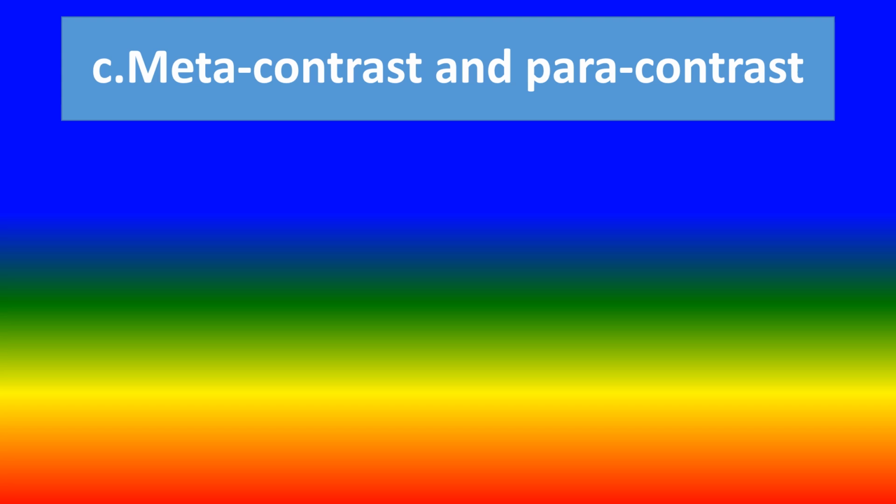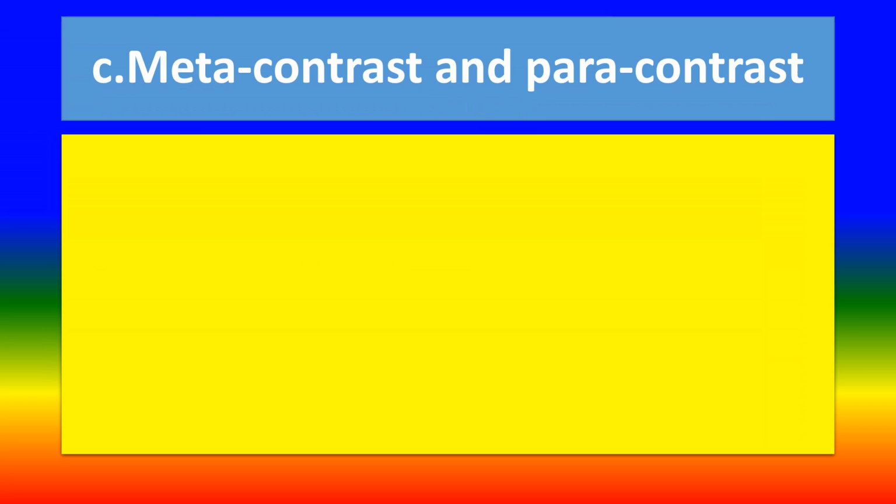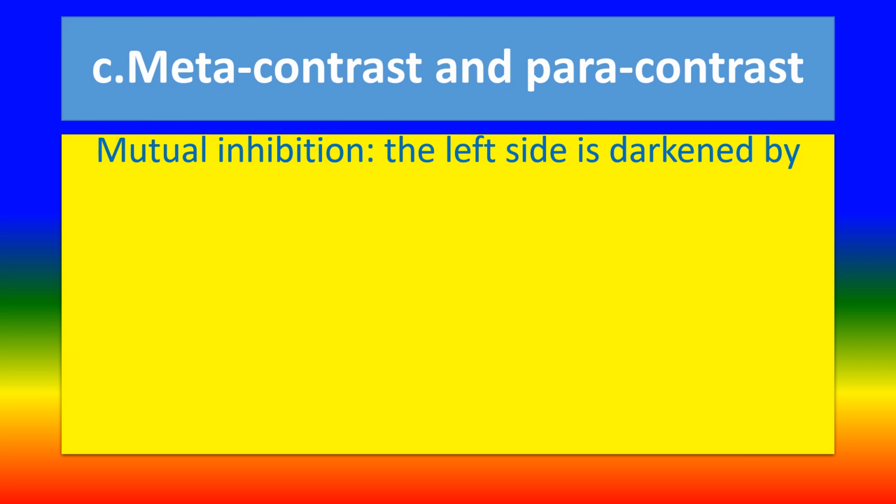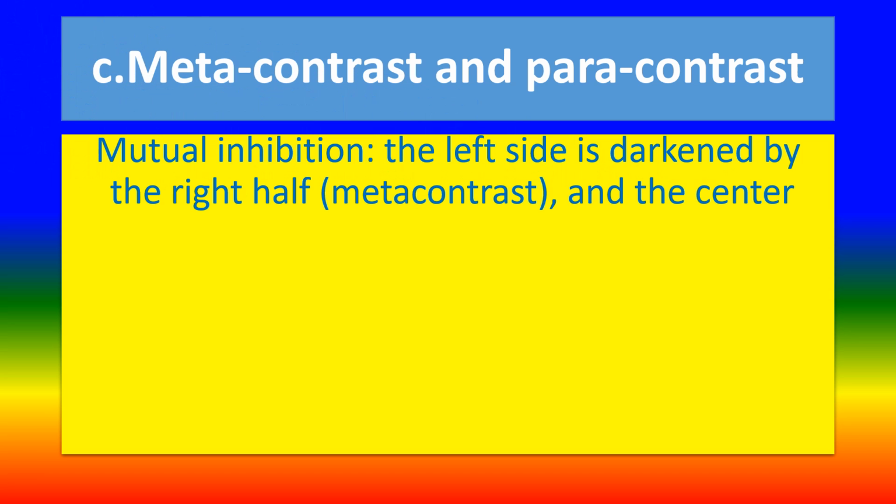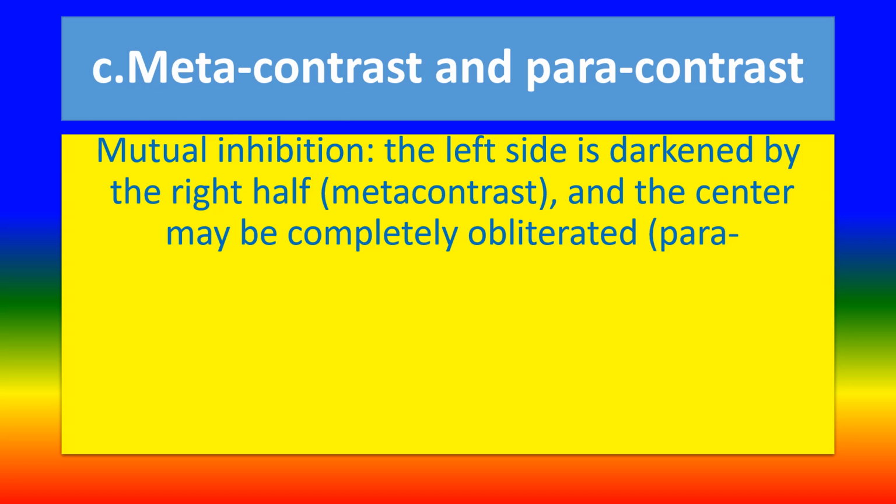C, meta-contrast and para-contrast. Mutual inhibition. The left side is darkened by the right half, meta-contrast, and the center may be completely obliterated, para-contrast.